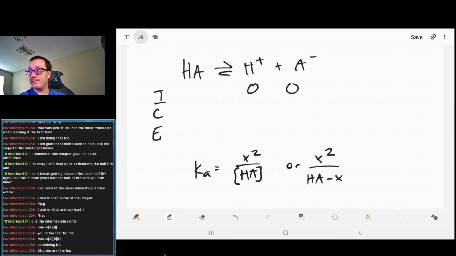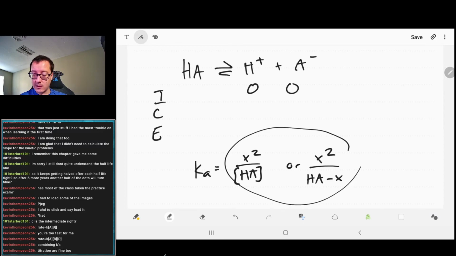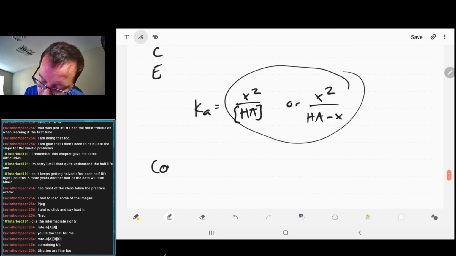So don't forget, for weak acids and stuff, you will need to do an ice table. Or if you want to cheat, you can just go like this. But remember, if you already have A- or H+ in there due to common ion effect, you will end up reducing the amount your weak acid can dissociate. So that may also play a part there. So just remember common ion effect.